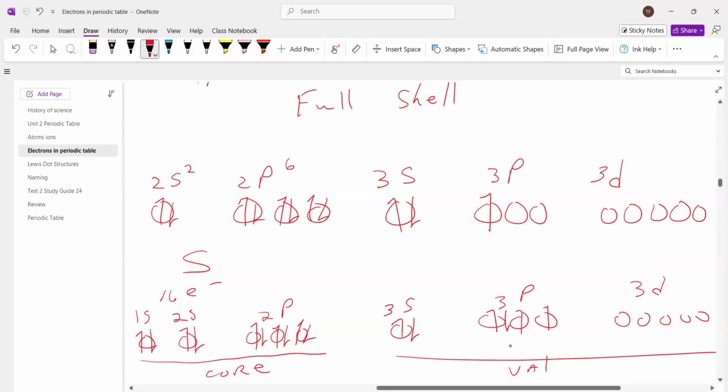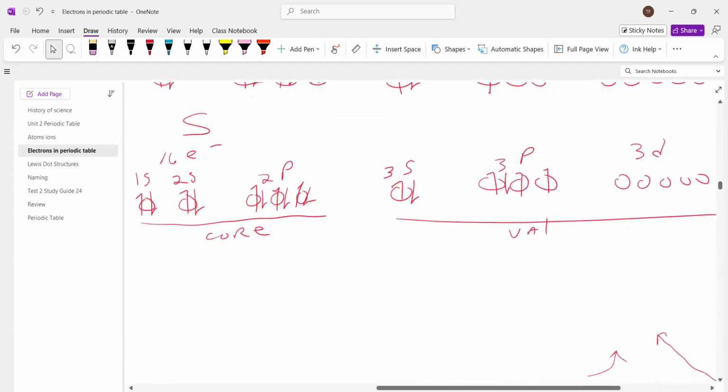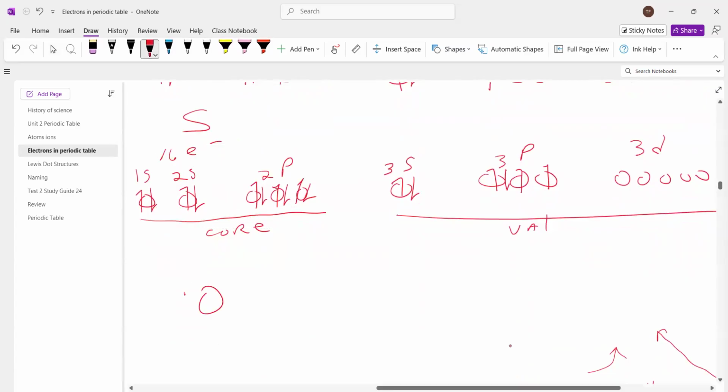That's valence. Now think about oxygen. Remember, oxygen has 2 singletons, 2 pairs. Sulfur is right underneath oxygen, and its chemistry is the same as oxygen. So guess what? It's the same. Sulfur and oxygen have the same electronic configuration.